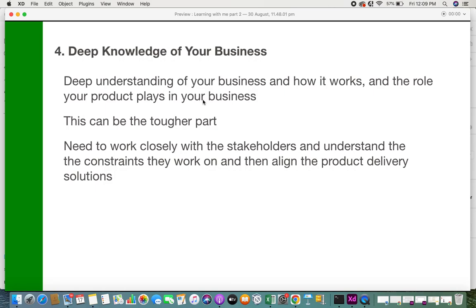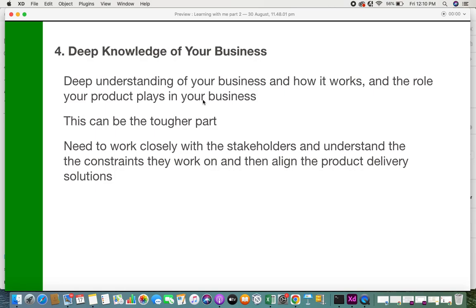So this can be a really tougher part, understanding the business landscape and the application landscape and how this really aligns. But that's something product managers really need to understand, because businesses are getting revenue from products, and the product needs to be going in the right direction. It needs to hit the right market, and it needs to get the right revenue coming back.